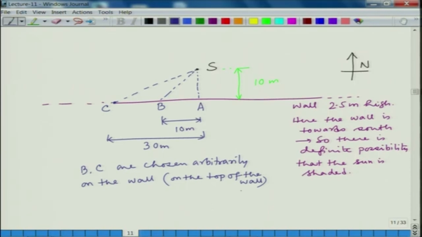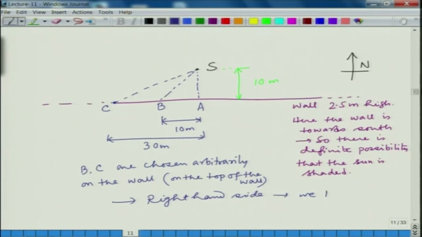So, if that is the case, then one thing we can write, that the right hand side we do not need to explicitly calculate, because whatever happens towards the left will be symmetrical towards the right as well.